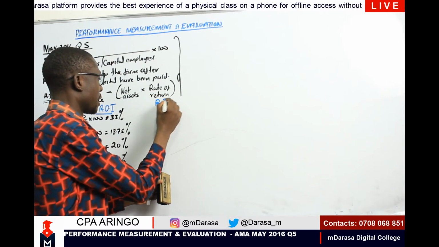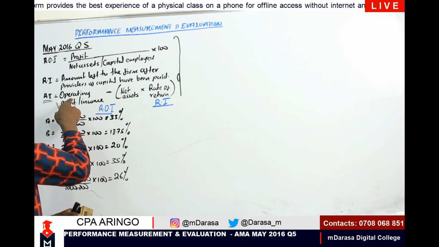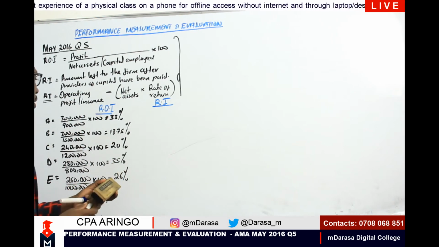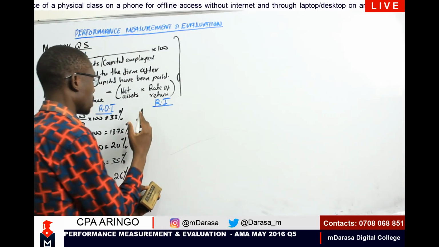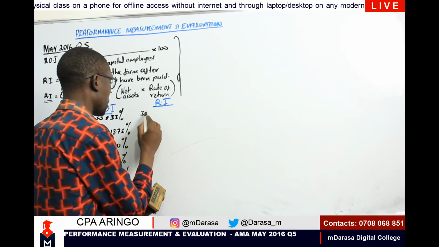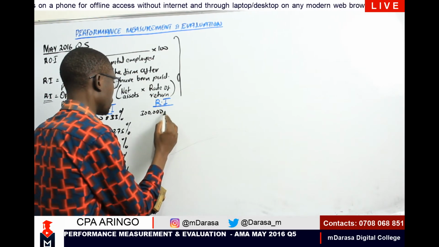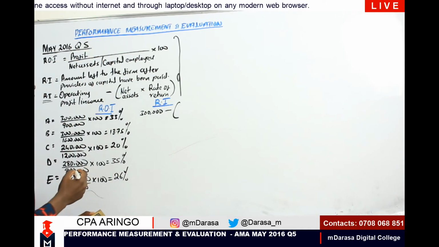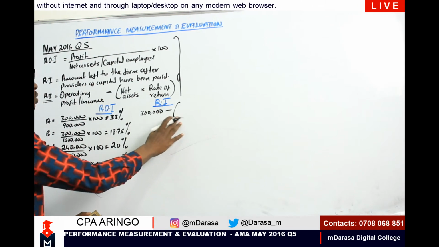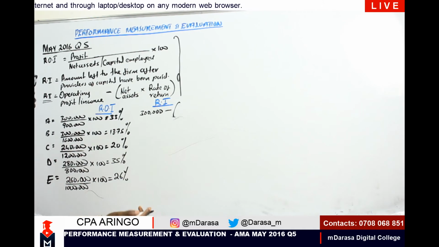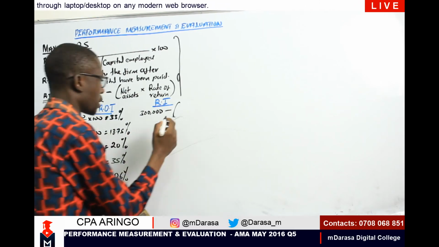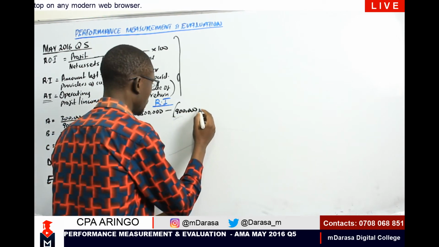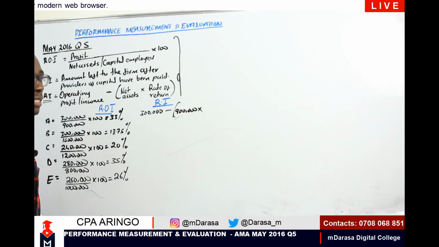So for our RI, I need my operating profit. Operating profit in A, we can clearly see we had 300,000. We less our net asset, which in this case is the same as our capital employed, which was 900,000, times the required rate of return in our question.